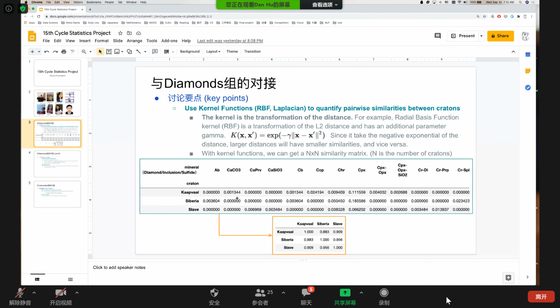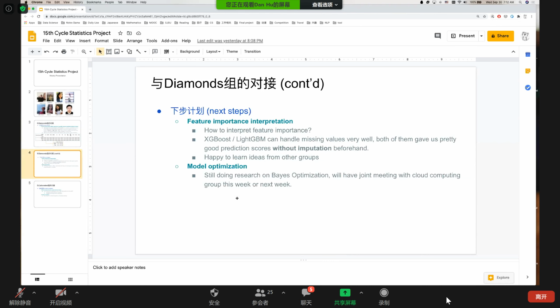And here are the next steps. We still have some problems with the feature importance interpretation, including for the XGBoost or Light GBM algorithm. Since both of them handle missing values very well, both give us pretty good prediction scores without imputation beforehand.